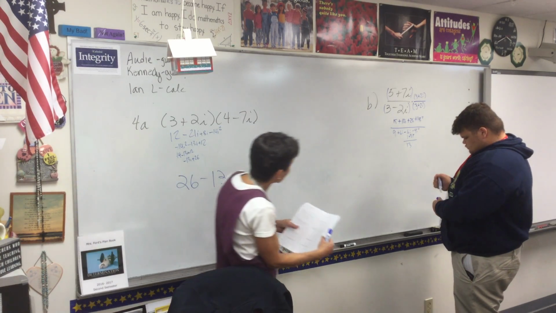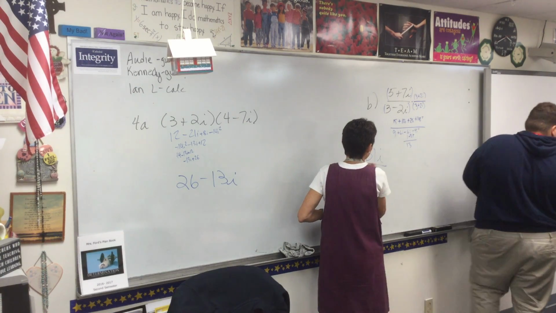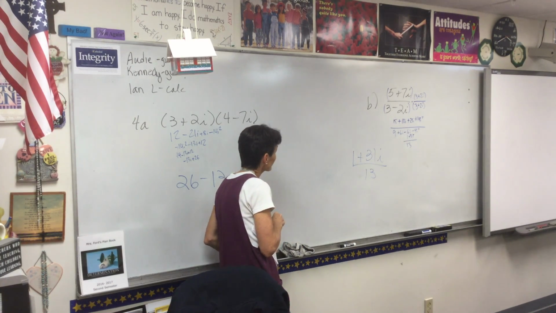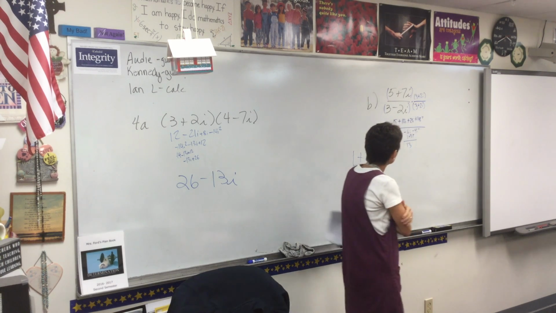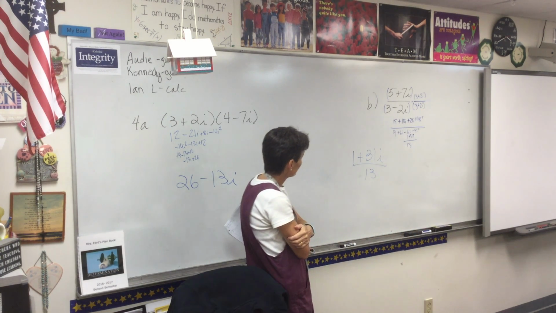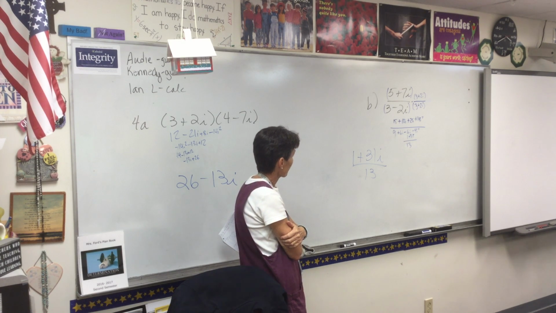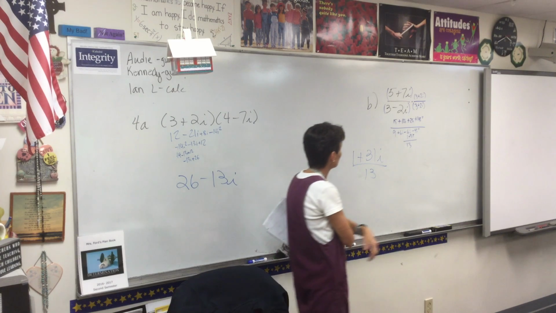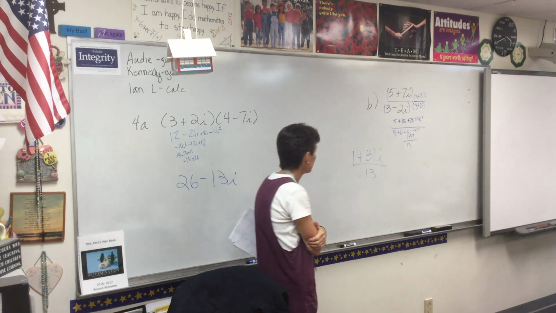And Jalen got 1 plus 31i over 13. And that's what I got too. So he multiplied top and bottom by 3 plus 2i. Did a bunch of foiling. Remember, when you get this 14i squared, that's a negative 14.